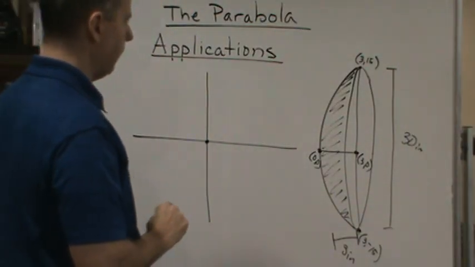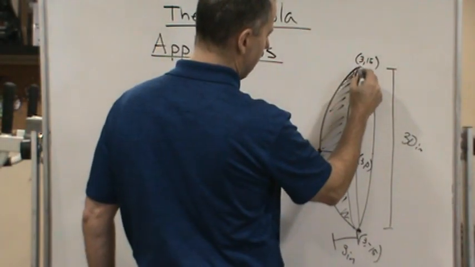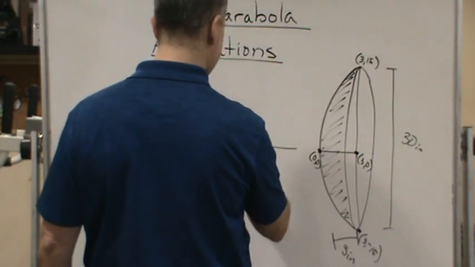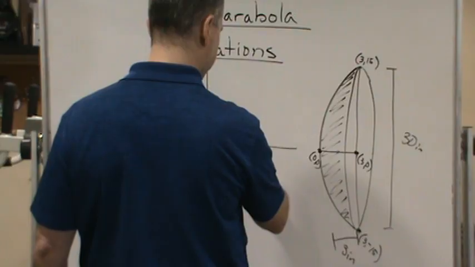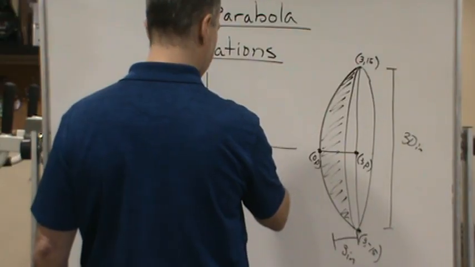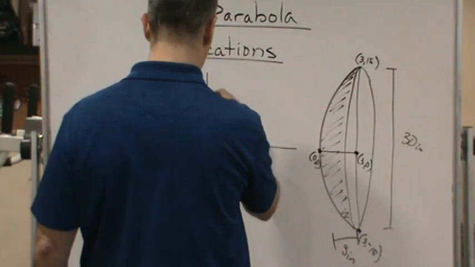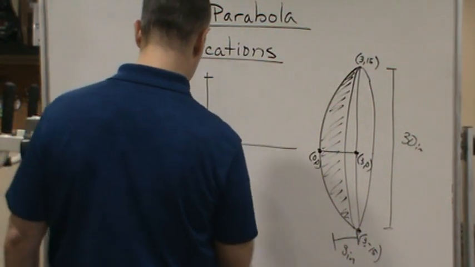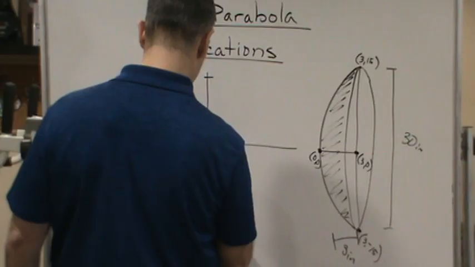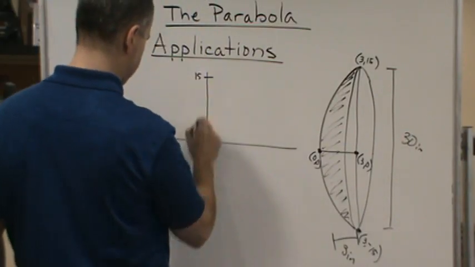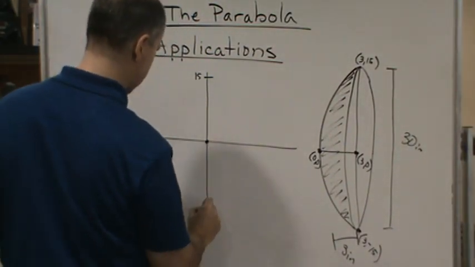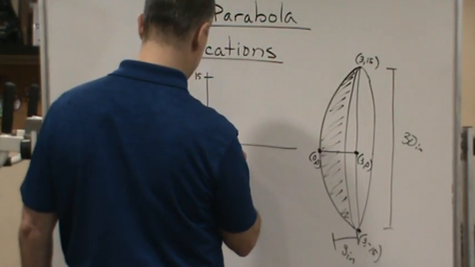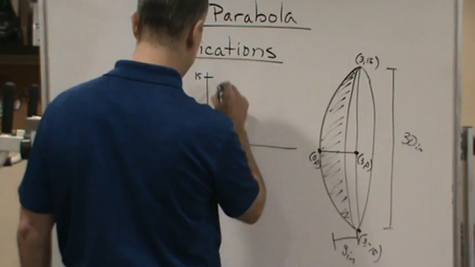Okay? And we know that these points all lie in the cross section. So if I just draw something like this to mirror it, right? So let's say negative 15, and this is going to be 3, right?